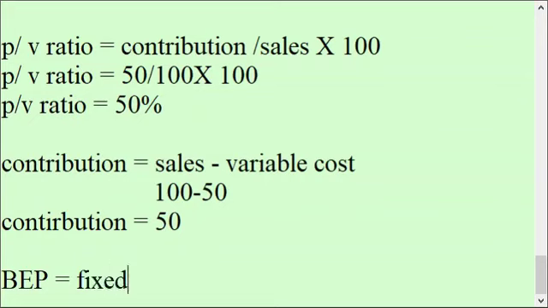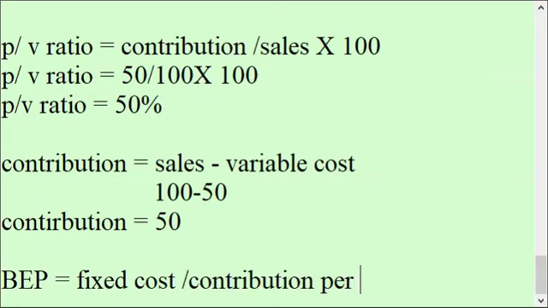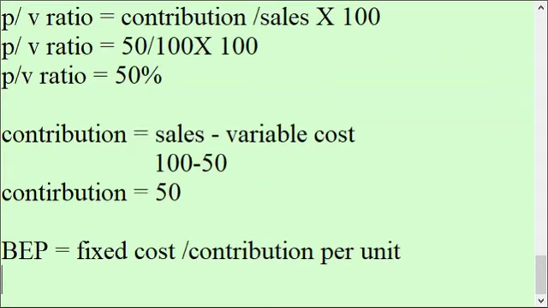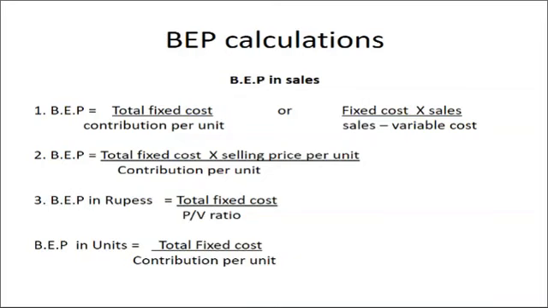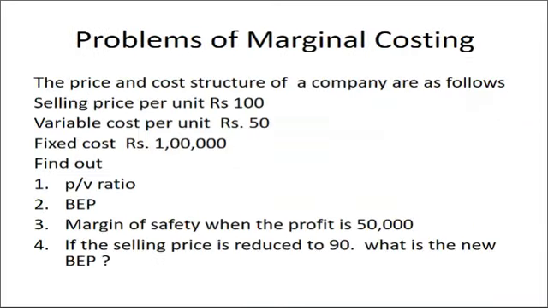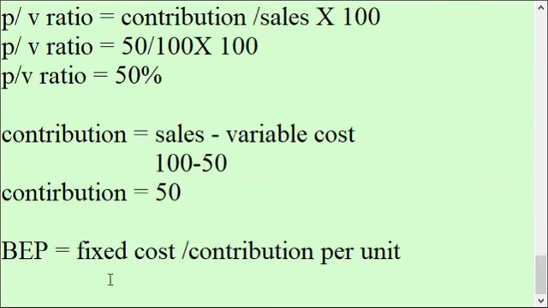BEP is fixed cost divided by contribution per unit. So what is the fixed cost they have given in the problem? Fixed cost is rupees 1 lakh. So 1 lakh divided by contribution per unit, which we have calculated as 50.